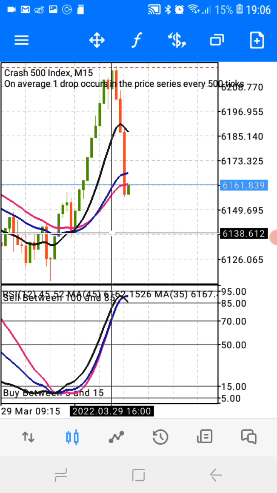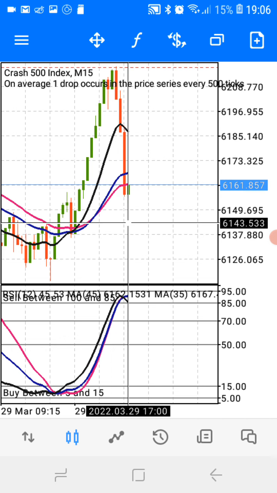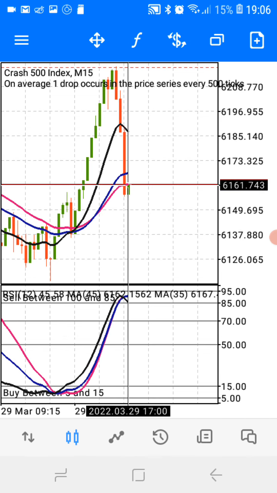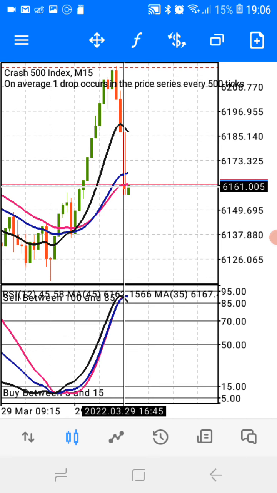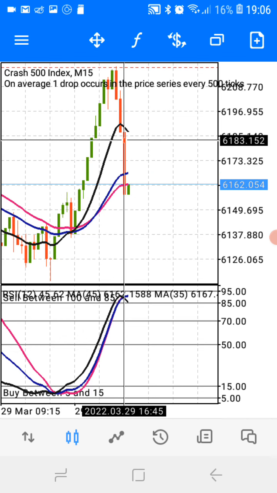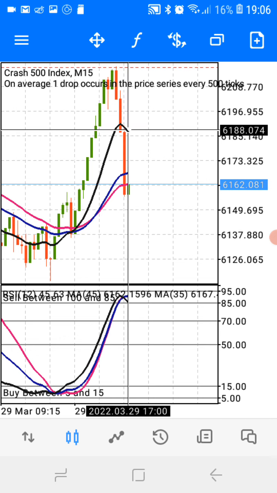On my 15 minutes time frame, when the blue and the black crossed, I'm not going to talk about the pink one because it's being covered somewhere, and sometimes it's showing. So I'll just talk about the blue moving average and the black one. When they crossed on the 15 minutes time frame, you could have entered your trade as well.